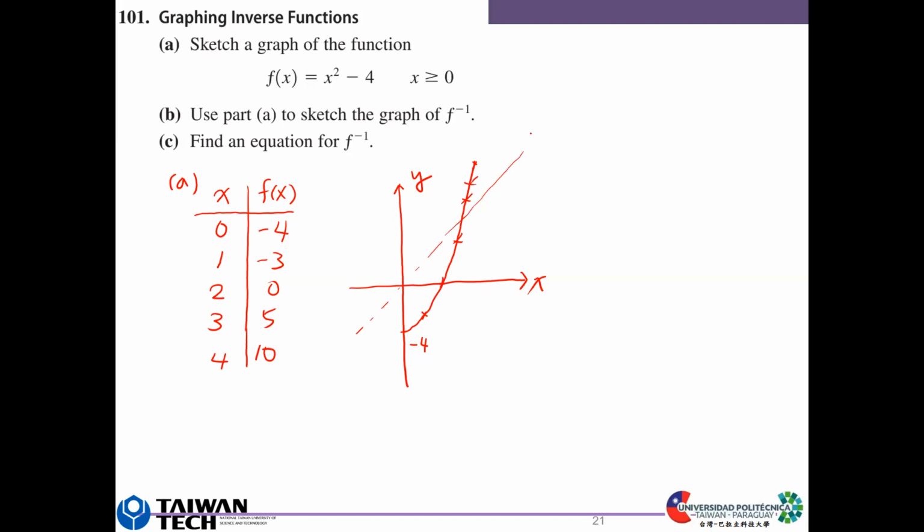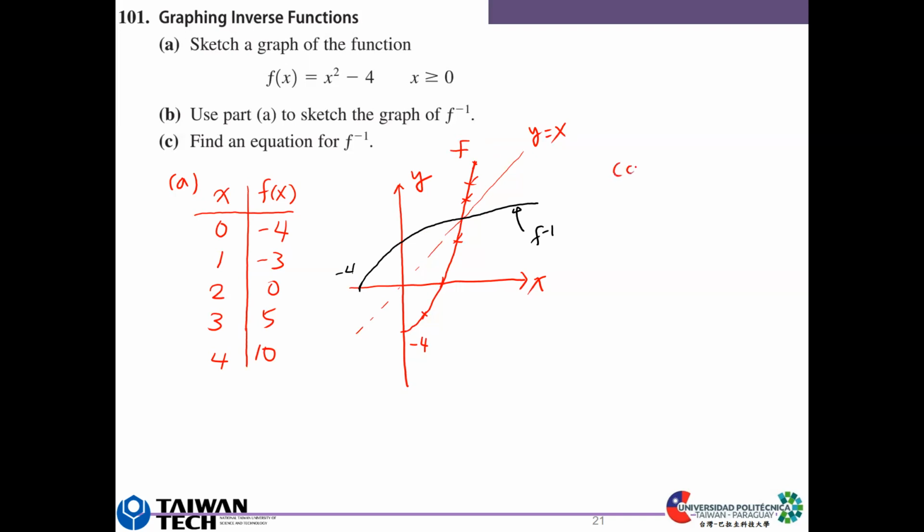Suppose this is y equals x; it is symmetric about y equals x. This is -4 here. This is f inverse, symmetric about y equals x, and this is f. This is how to draw the inverse function graphically.